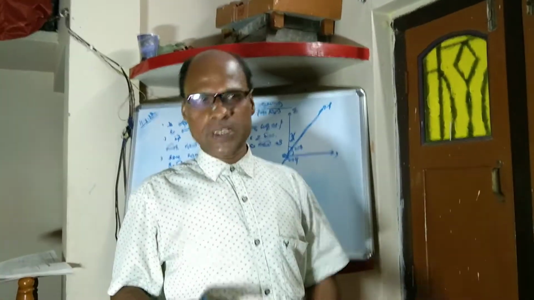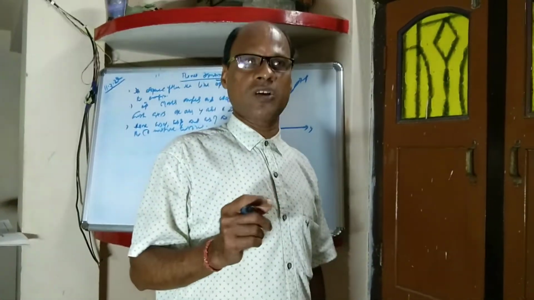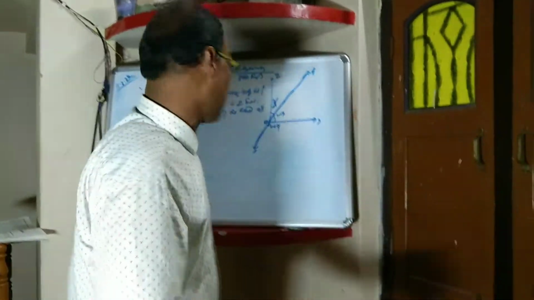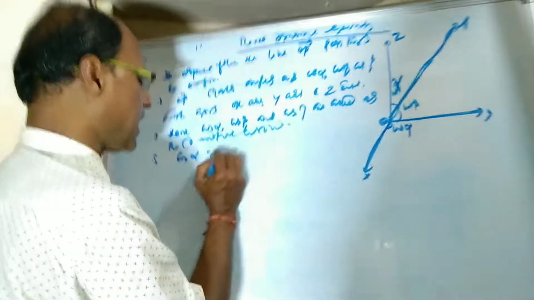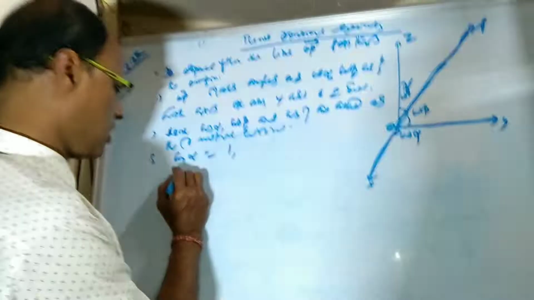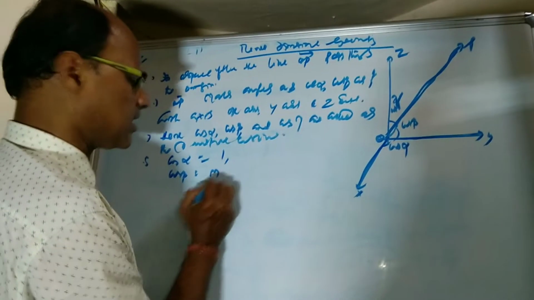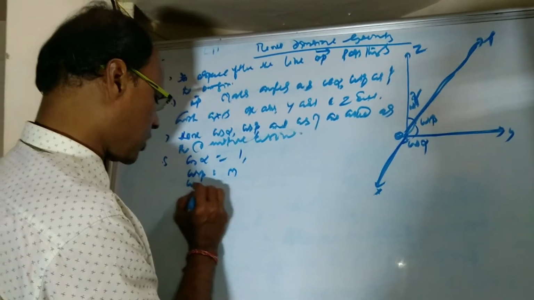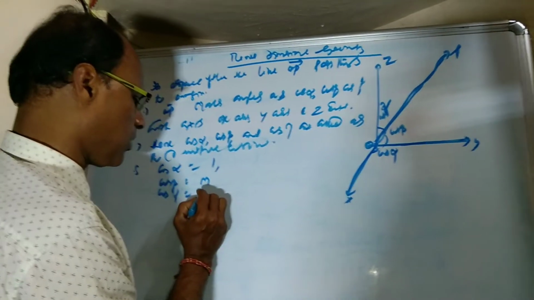The direction cosines are denoted by the letters L, M and N. So cos alpha is equal to L, cos beta is equal to M and cos gamma is equal to N.